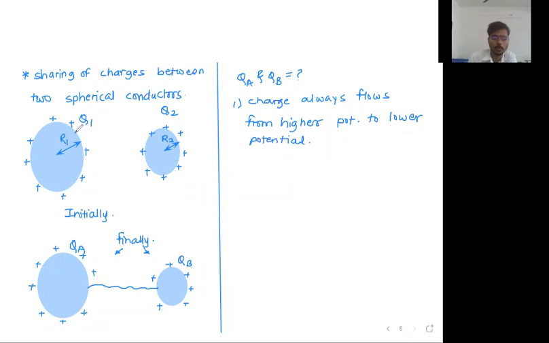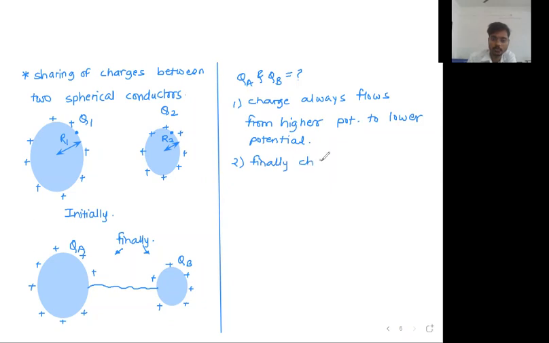What is the formula for potential at a point on the surface of the sphere? kq upon R, capital R. What is the value of potential on the surface of the spherical conductor? kq upon R. Charge will continue to flow from the higher potential to lower potential until the potentials become equal.